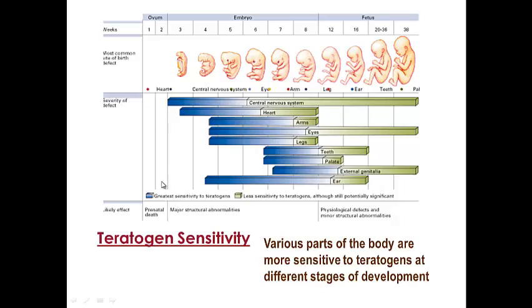Now, another interesting point to consider is the sensitivity of the developing organism to these teratogens, to these substances that can be potentially harmful. You see in this chart the different periods of prenatal development: the period of the zygote, or ovum, the first 2 weeks, the period of the embryo up to week 8, and then the period of the fetus. And you see here what the organism looks like.